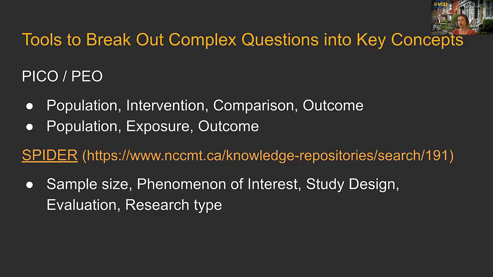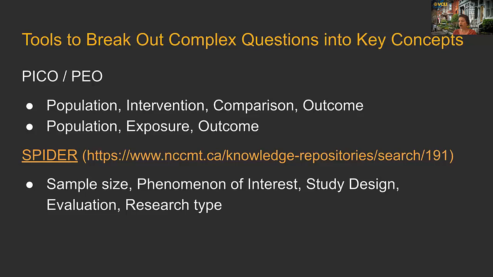So there's two frameworks, PICO and PO. PICO stands for Population, Intervention, Comparison, and Outcome. And so that's great for an experiment. But if you're studying something that occurs naturally that you can't manipulate, you'd be looking at a population, an exposure, and an outcome.